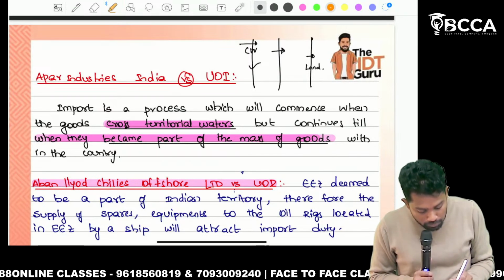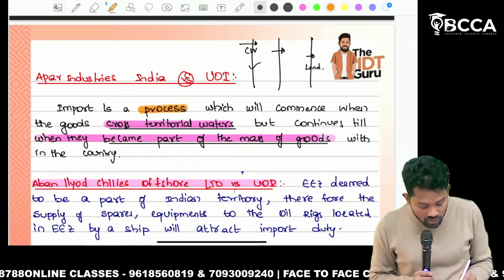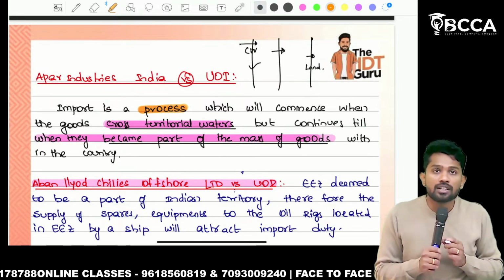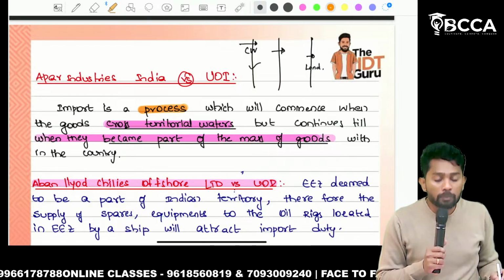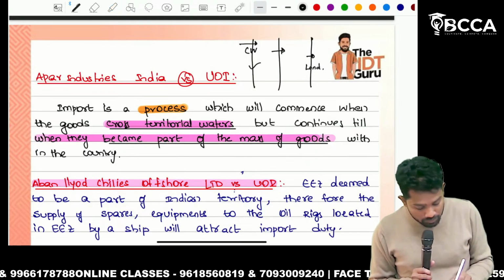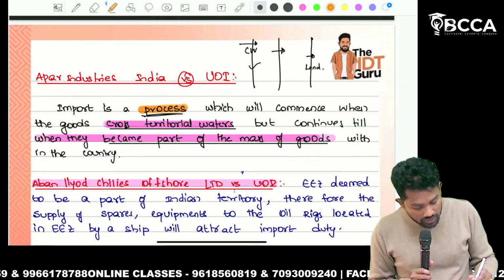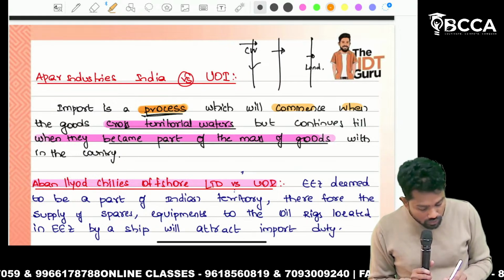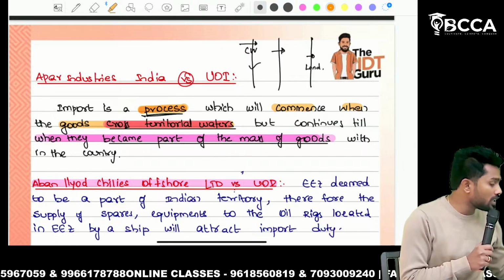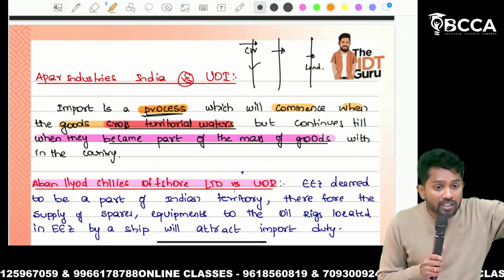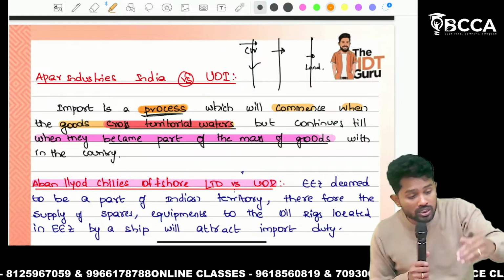See, import is a process. It's not a single step activity. The Honorable Supreme Court itself has said that import is a process, which will commence when the goods cross the territorial waters.